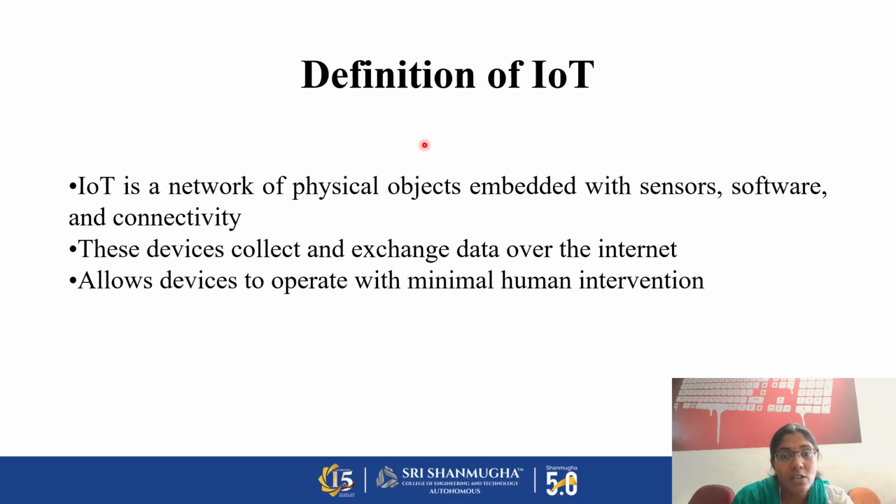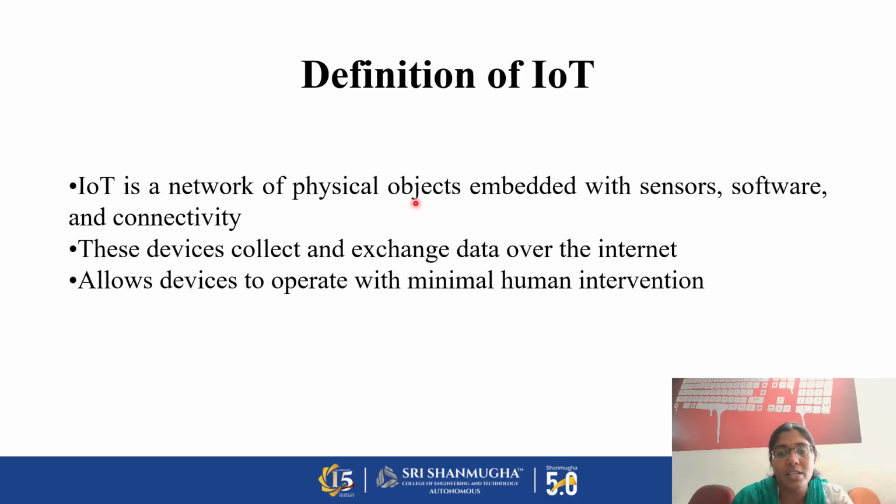So definition of IoT. What is the proper definition of an IoT? IoT is a network of physical objects embedded with sensors, software, and connectivity, right? So in these embedded systems, IoT consists of sensors, which help to sense the data in the environment.